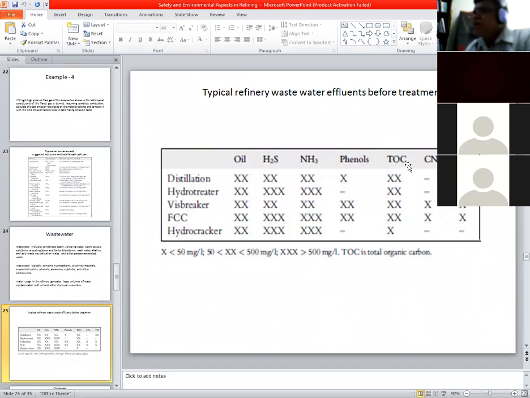TOC, total organic carbon. DOC, dissolved organic carbon. DOC is very fine carbon, 0.2 to 0.7 micrometer, very fine particles. That is why it is called dissolved organic carbon. TOC, total organic carbon.